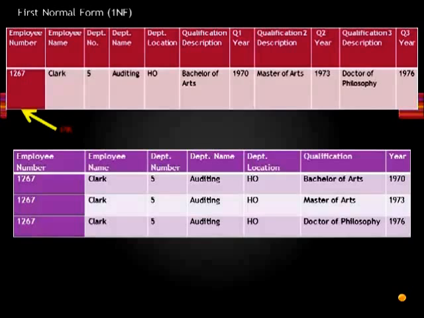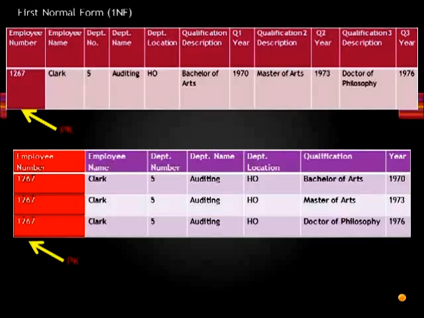In our tabular form, employee number was the primary key because employee number could uniquely identify every row in the table. However, in the final result, employee number cannot be the primary key because the value of employee number is not unique anymore.